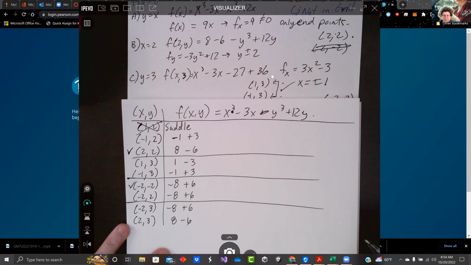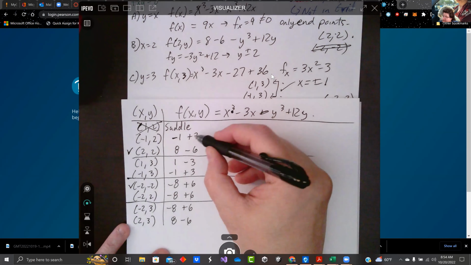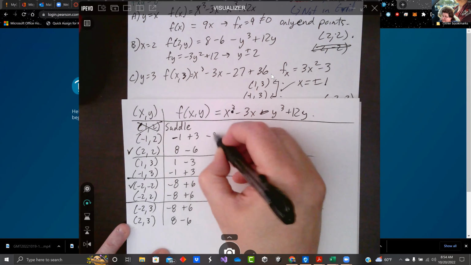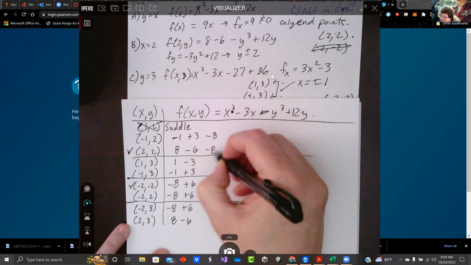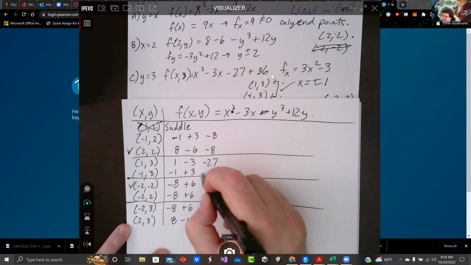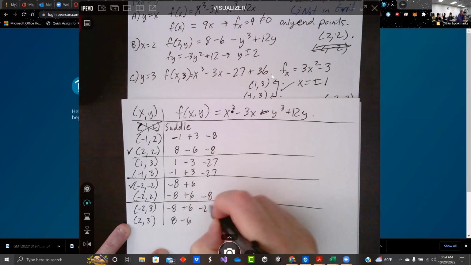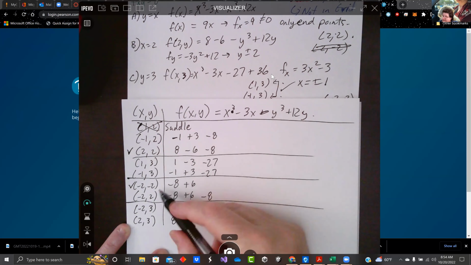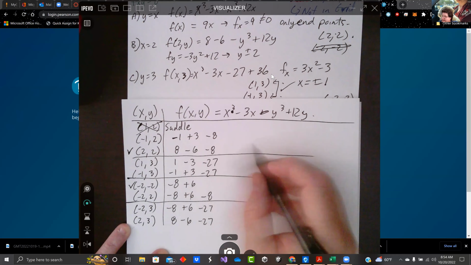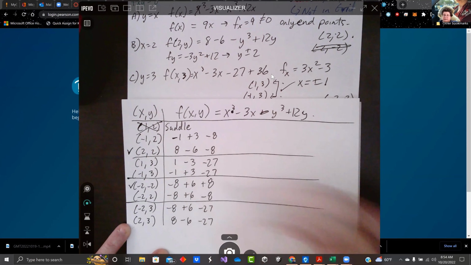Minus y cubed. The ones that have a 2 in them will be minus 8. The ones that have a 3 will be minus 27. And -2 cubed is -8, and we make it negative, it's +8.